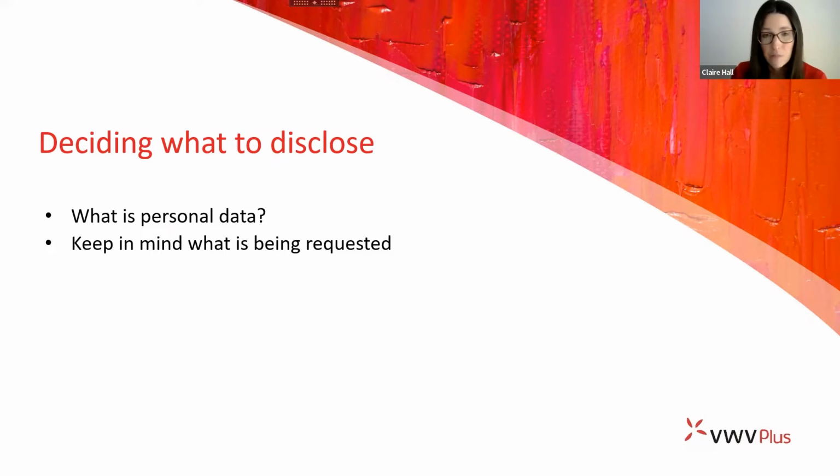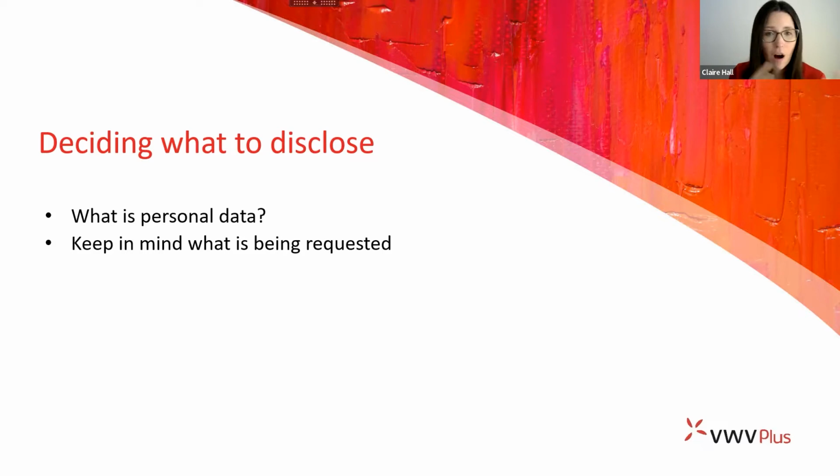So personal data, as a reminder, is information which relates to the data subject from which they are identified, or they're identifiable. So the identifiable limb of that definition means that they don't have to be identified from the face of the information. If you could piece together information and work out who it's about, then it's still personal data.